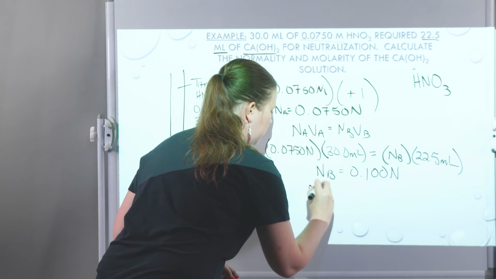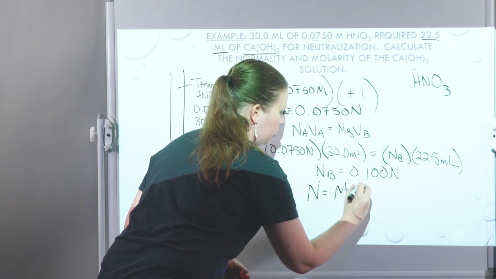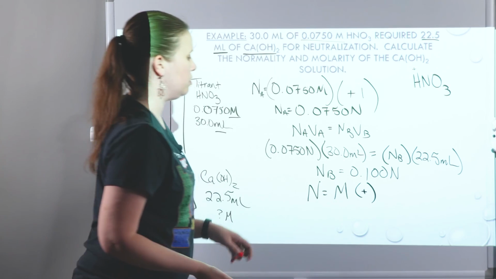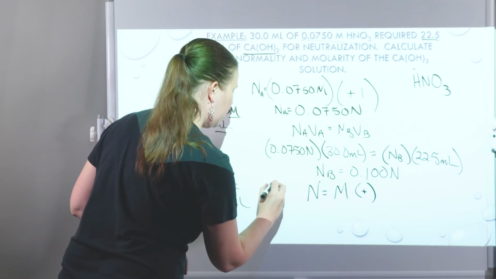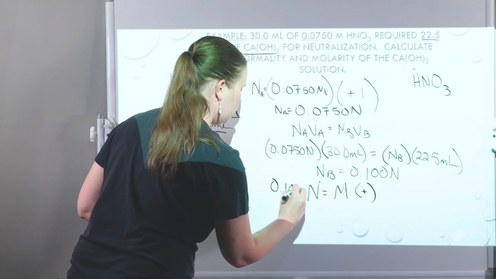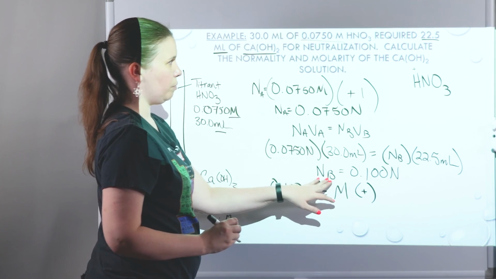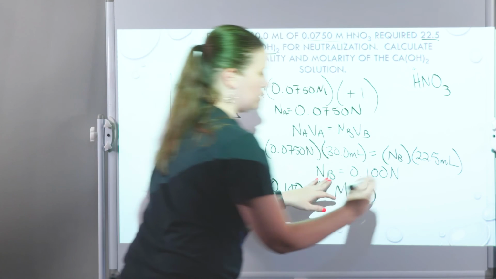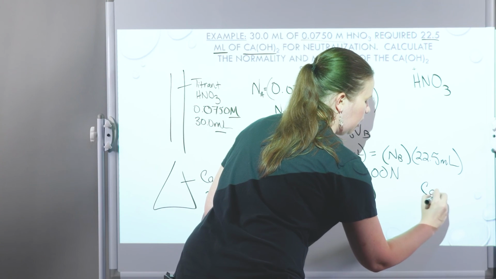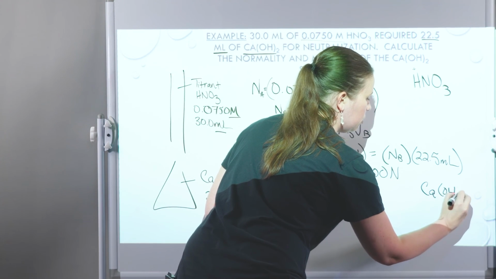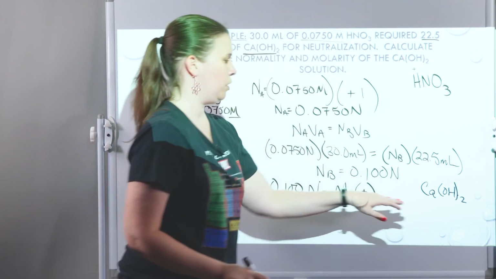So normality is equal to molarity times those positive charges. So if I know the normality of 0.100, I could plug that in. But now I want to consider the positive charges of the base. And the base was the calcium hydroxide, Ca(OH)2.